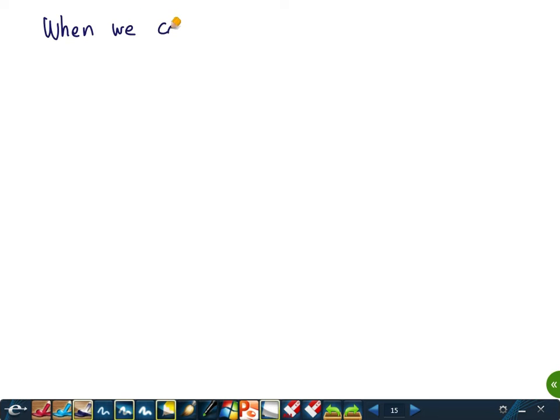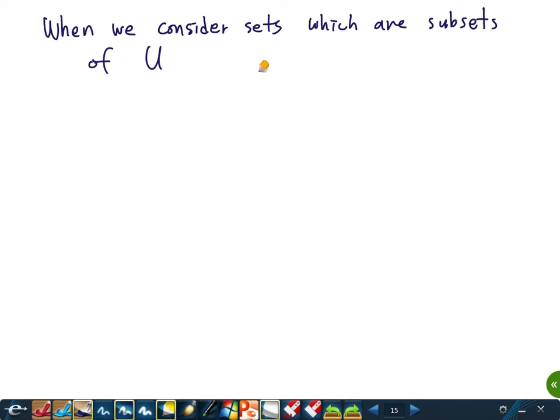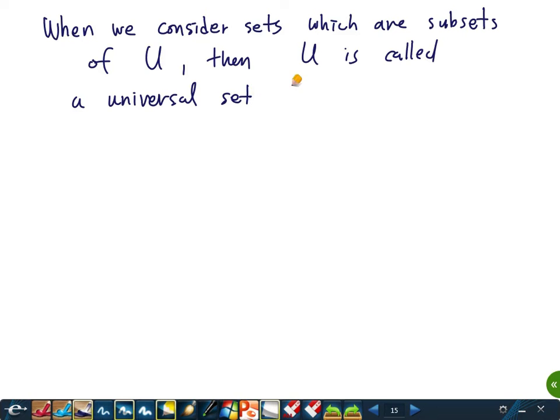When we consider sets which are subsets of a given set, say U, then U is called a universal set, or universe.